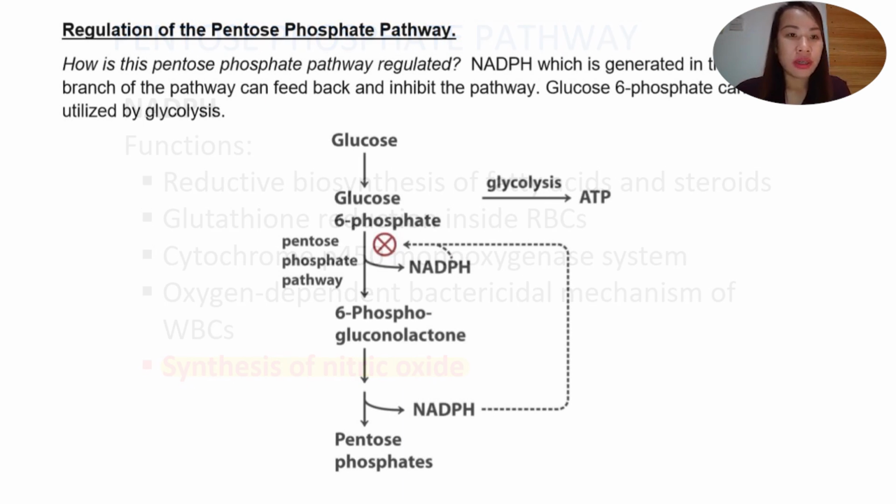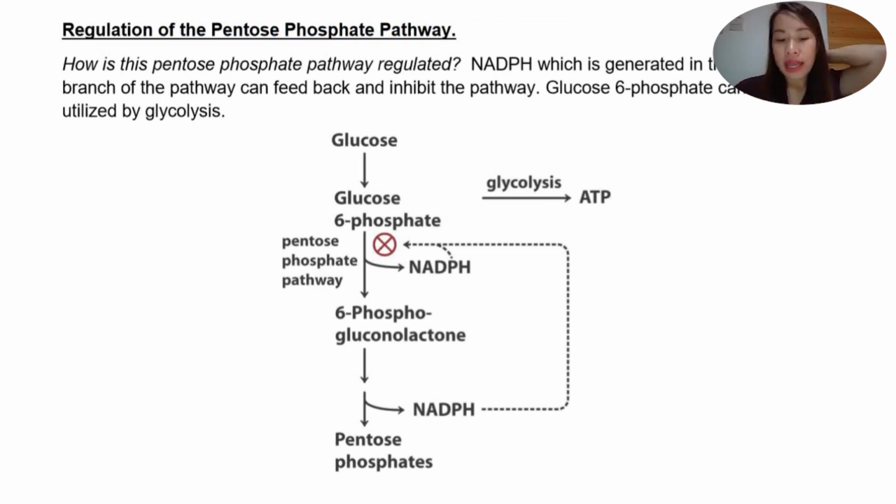So here, in the last slide, we're going to talk about how the pentose phosphate pathway is regulated. So how do we know if we need to stop producing NADPH already? So take note class, NADPH, which is generated in the oxidative branch, remember, di ba, sa oxidative phase, can feed back and inhibit the pathway. So glucose 6-phosphate then can be utilized for glycolysis.